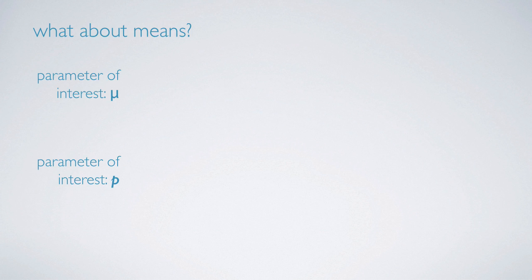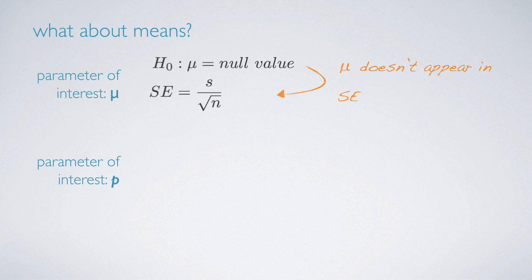Well, with means, our parameter of interest is mu, and in our null hypothesis, we set mu equal to some null value. But in our calculation of the standard error, this is simply calculated as s over square root of n. So mu, our population mean, does not appear in the calculation of standard error. So it really doesn't matter what that number is set equal to. It's not going to influence the calculation of the standard error.